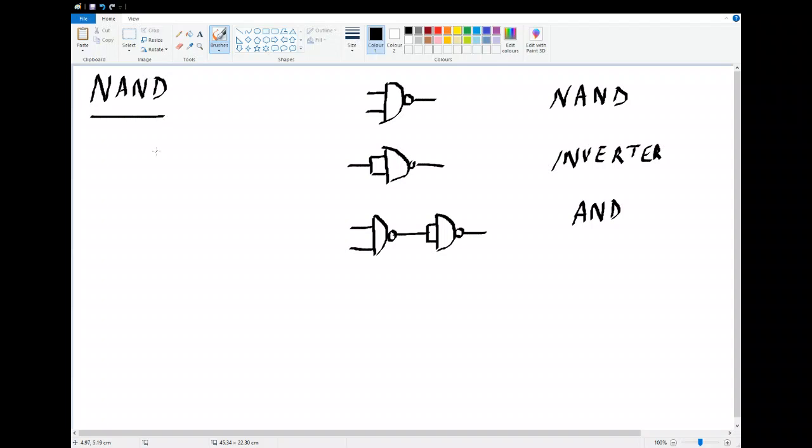In actual fact, it can do all 5 jobs, because if we want an OR gate, all we have to do is put an inverter at each of the 2 inputs. So we get our NAND gate, join the inputs together, set it here. We get another NAND gate, join the inputs together.